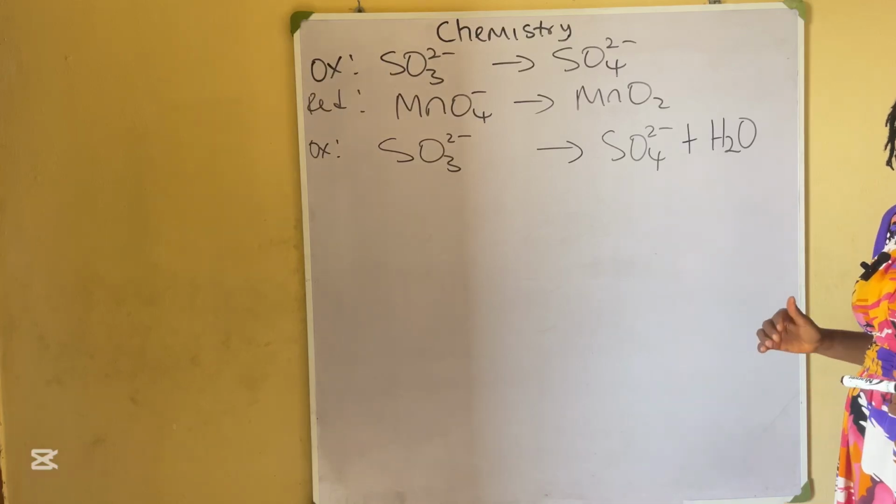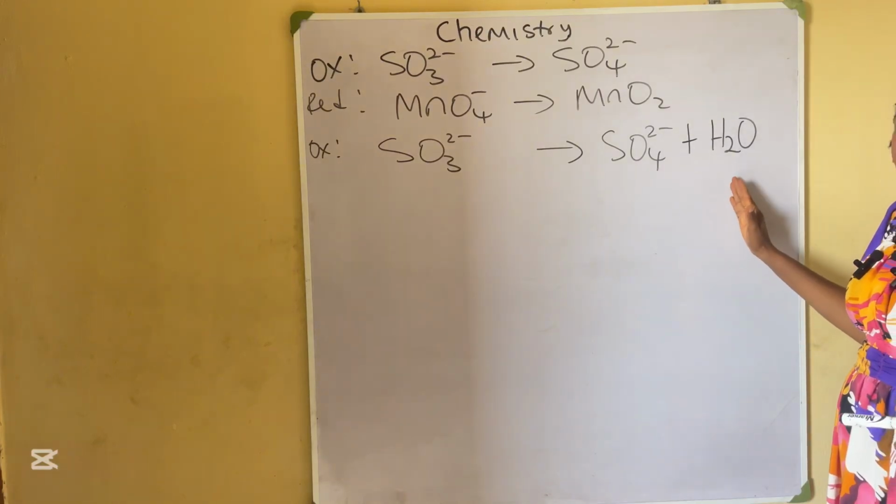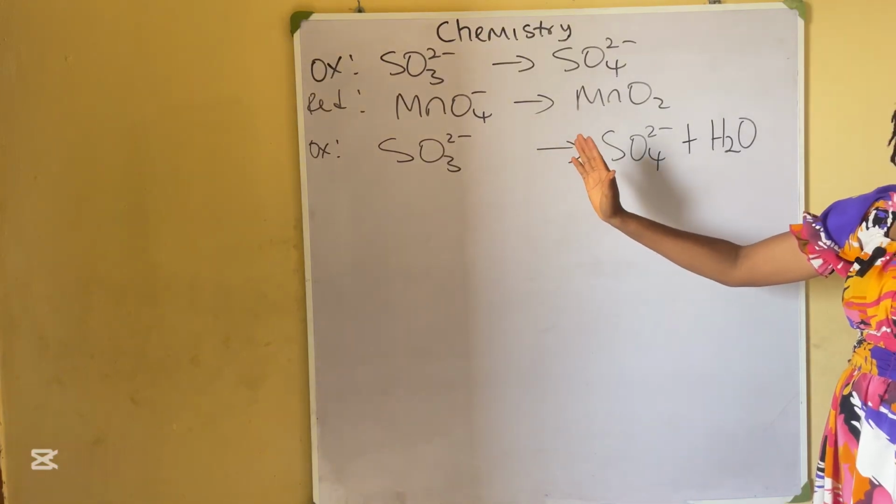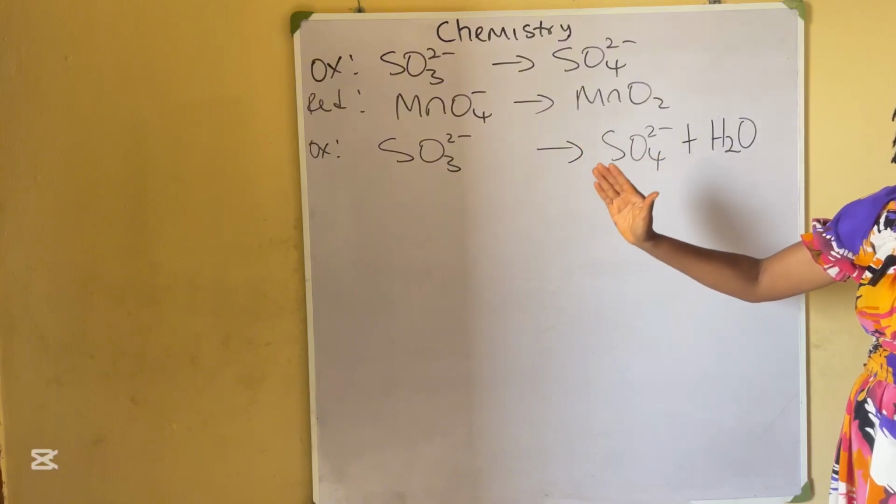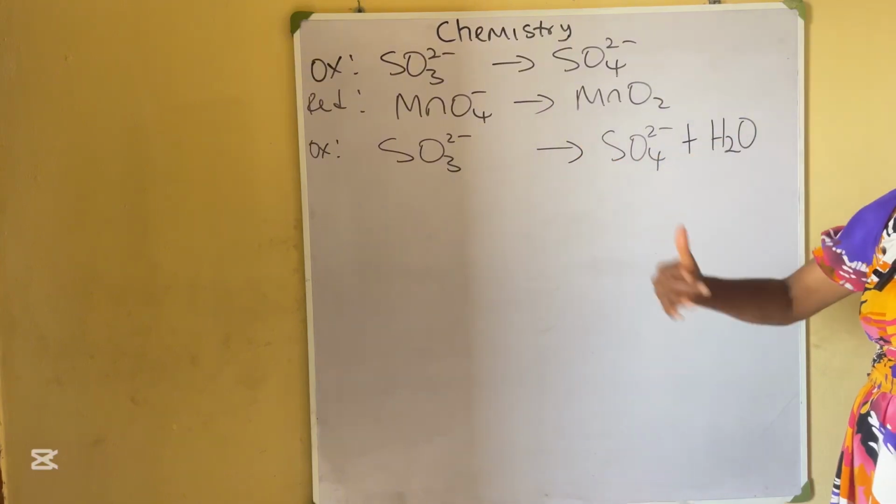Remember, for alkaline medium, 1 molecule of water on one side means the other side will have 2 molecules of hydroxide ion.